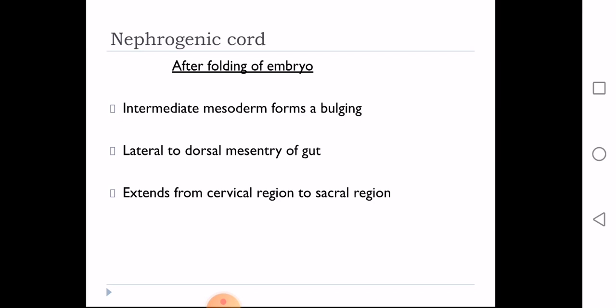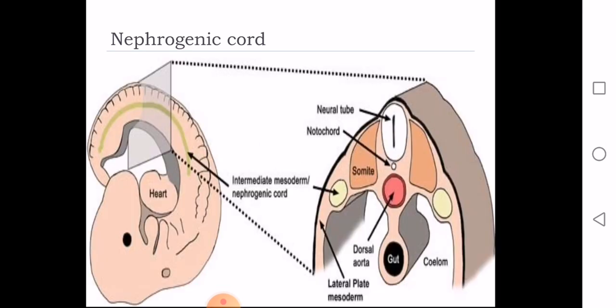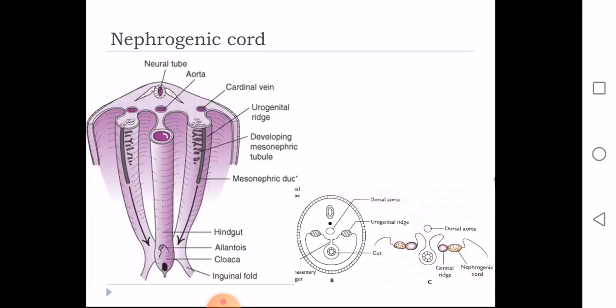This bulging lies lateral to the dorsal mesentery of the gut or your dorsal aorta, and extends from the cervical region to the sacral region. So look at this diagram. You can see the dorsal aorta and the dorsal mesentery of the gut. On either side of that, can you see two yellow circles? That is your intermediate mesoderm. You will understand much better with this diagram. So from cervical to sacral region, this bulging is extending.